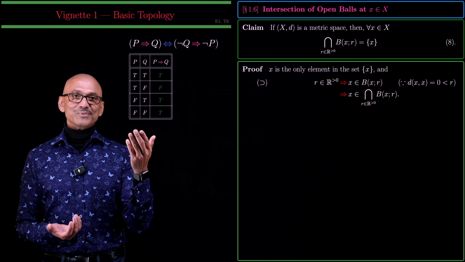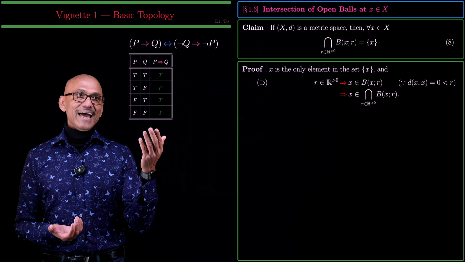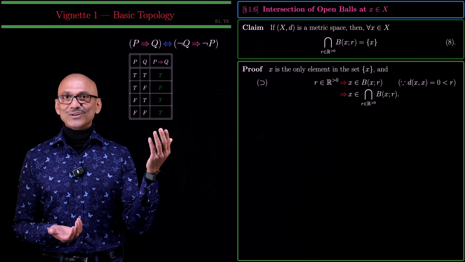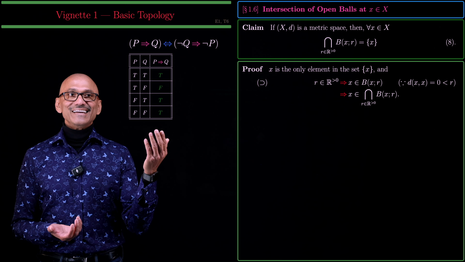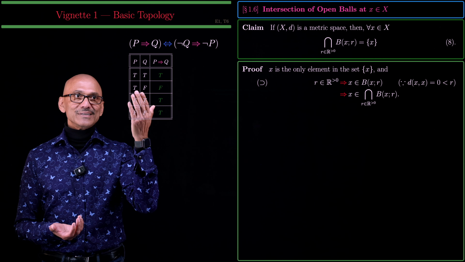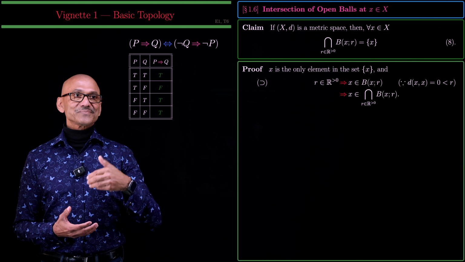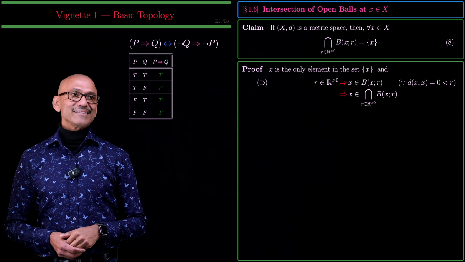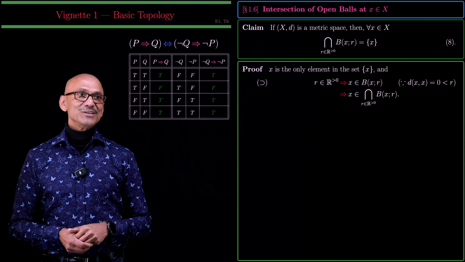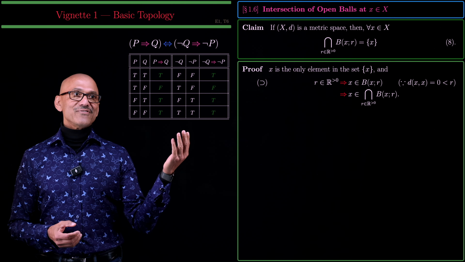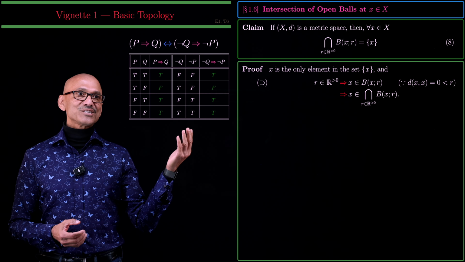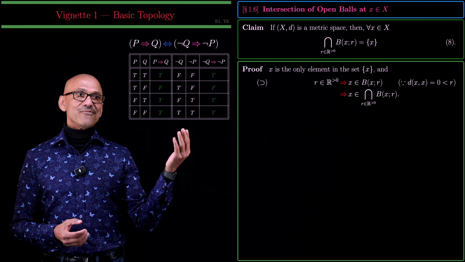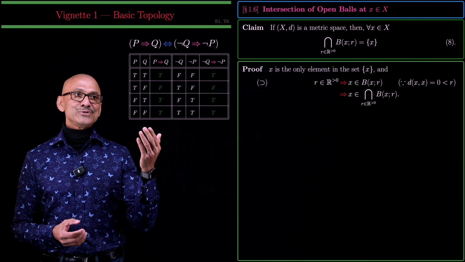And so we get 4 different combinations, and the implication is false only when the antecedent is true and the consequent false. If we now look at the contrapositive, column 5 is a negation of column 1 and column 4 is a negation of column 2.